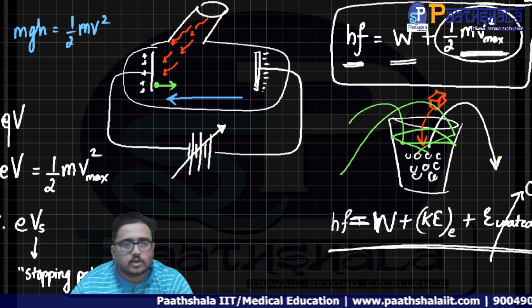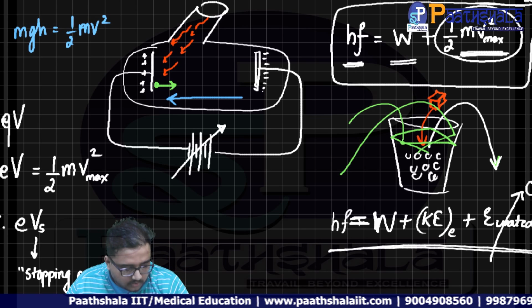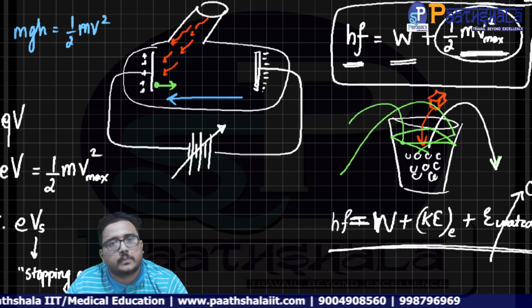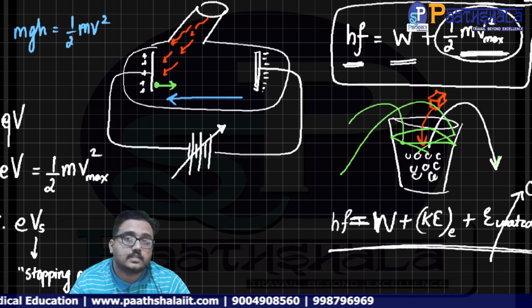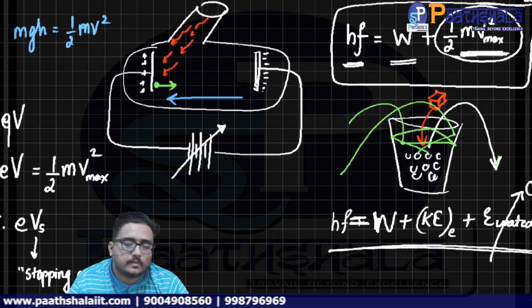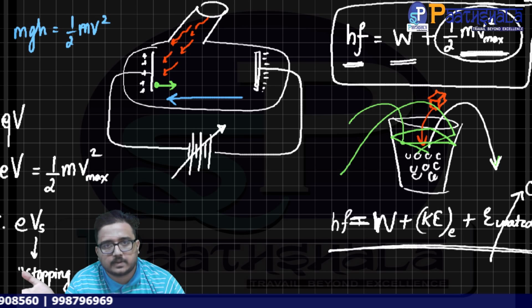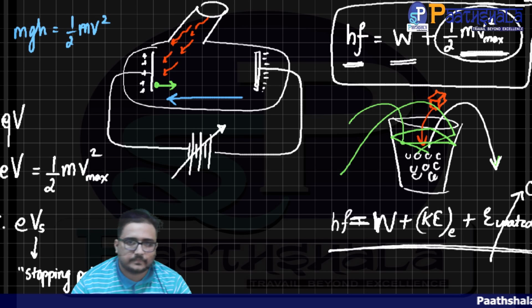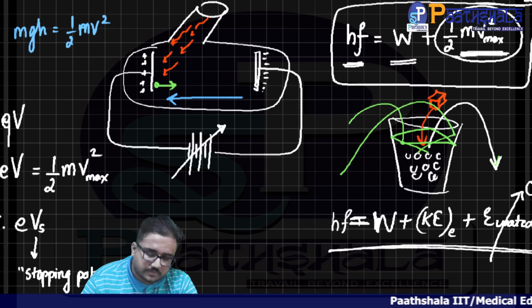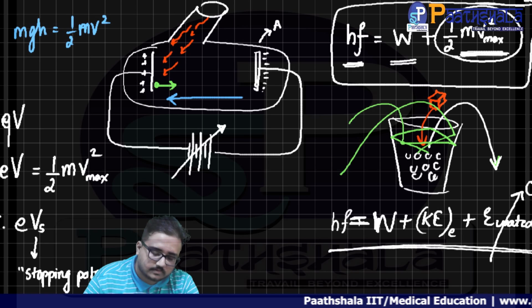Why is it called the stopping potential? Because the electric field is stopping the maximum kinetic energy electron. That means it will be stopping each and every one of the electrons. If the maximum kinetic energy electron is stopped, all the electrons will be stopped. None of the electrons will be able to hit the surface of the so-called anode.